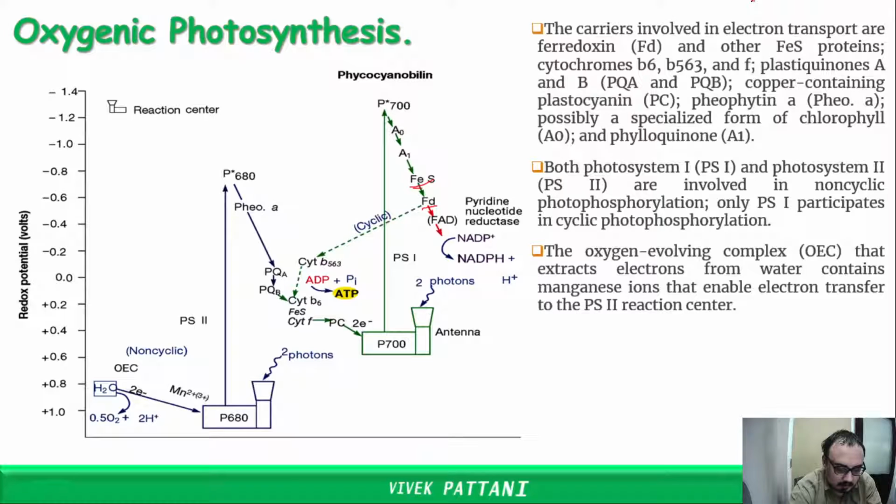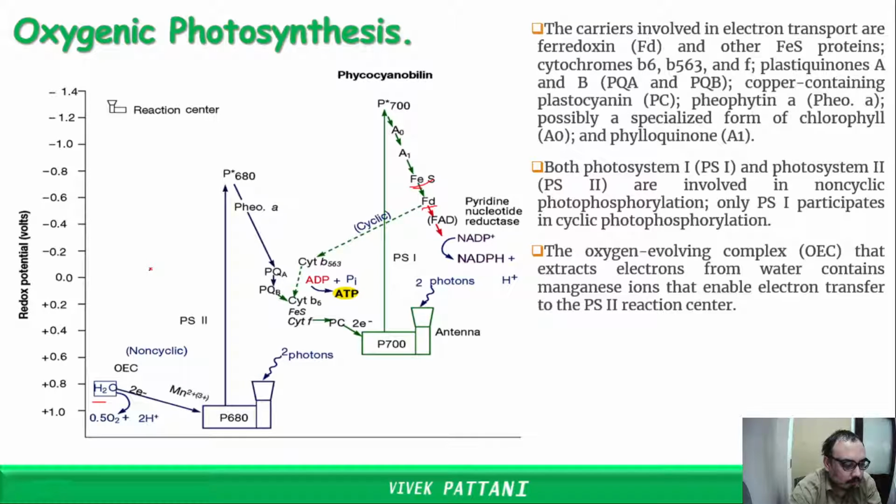The transferred electron is a very weak one, and the electron donor for photosystem 2 is basically water, where it splits to give oxygen, with the participation of manganese.